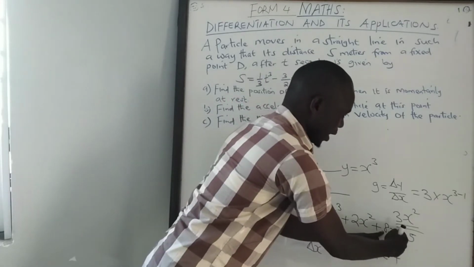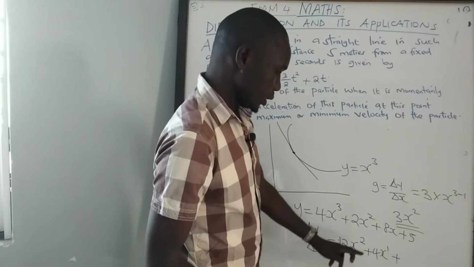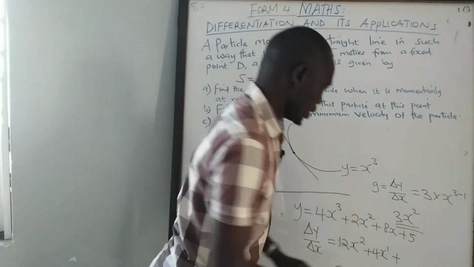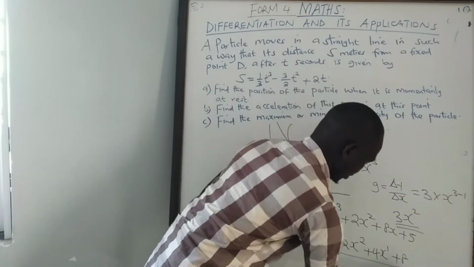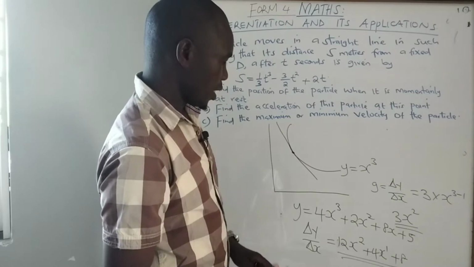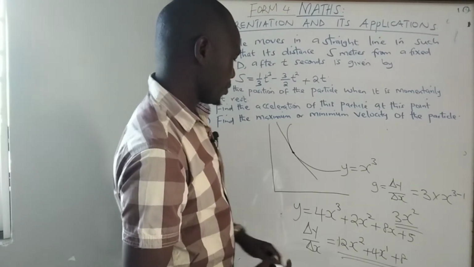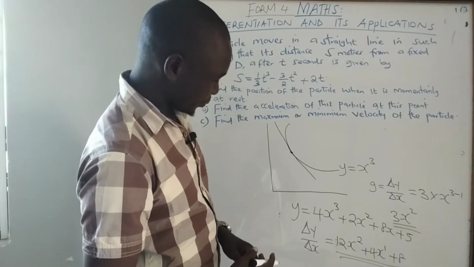If we reduce by 1, any number raised to 0 is 1, and 1 times 8 gives us 8. We do not differentiate 5 because 5 does not have x.